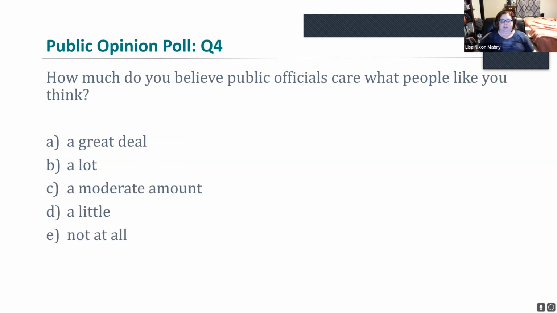How much do you believe public officials care what people like you think? As we just went over, a lot of that depends on your demographics, right? It depends on your age. It depends on how active of a voter you are. And really, the way for you to be heard is to show up, to be engaged and let your voice be heard, because then you show up on an active voter list when they're pulling records and they're finding out who's actually voting.